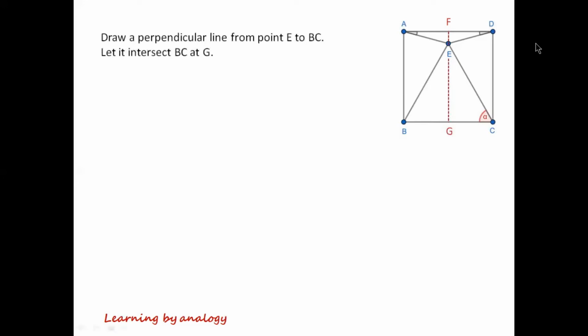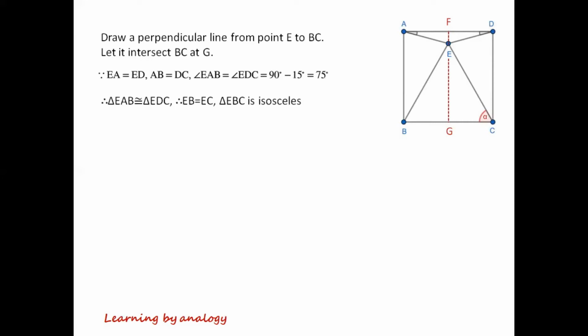Draw a perpendicular line from point E to BC. Let it intersect BC at G. Because EA equals ED, AB equals DC, and angle EAB equals angle EDC equals 90 degrees minus 15 degrees equals 75 degrees, triangle EAB is congruent to triangle EDC.